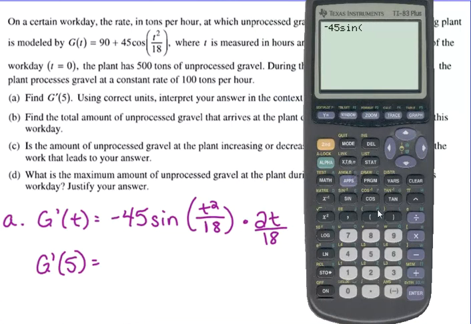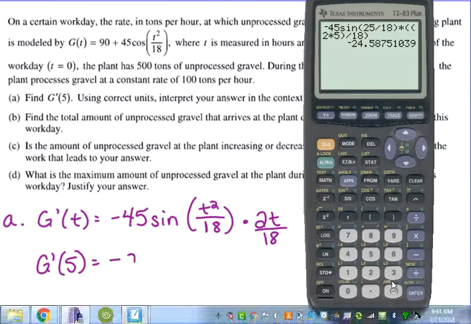Negative 45 sine of 25 over 18 times, got to put in parentheses, 2 times 5 over 18. Okay, we get negative 24.587.